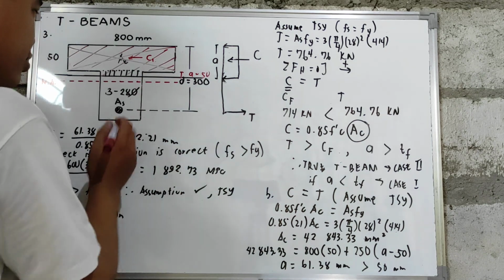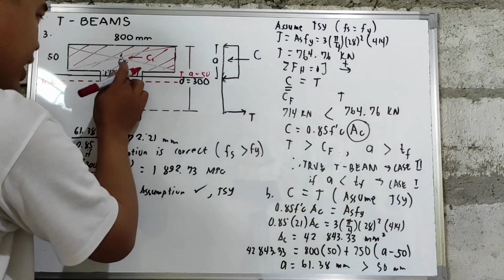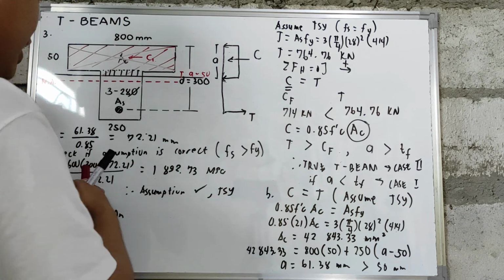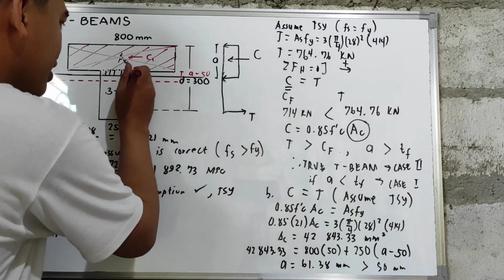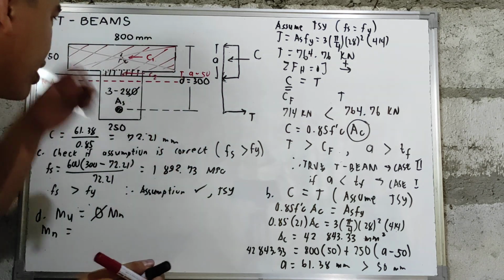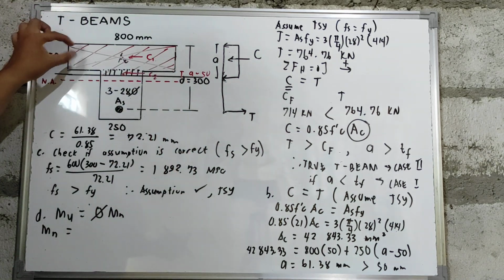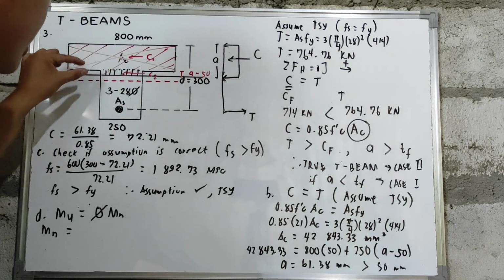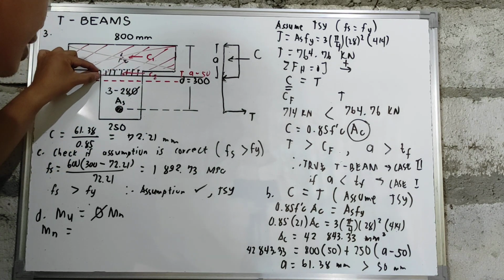Next naman, yung susunod naman is dito naman sa area natin na naka-shaded dito. Sabihin naman natin na ito yung tinatawag nating C2. So mean to say, yung C1 natin, yung area na covered sa kanya is etong sa flange natin. Ito namang C2 naman, ito naman yung natira.